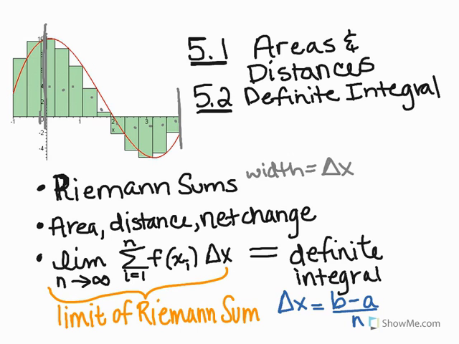We use definite integrals to talk about area under a curve, to talk about distance traveled, and they basically tell us the net change of a quantity over time, especially if we're given the rate of change. So, for example, if we're given a rate of change like dV dt, a rate of change in volume over time, dV dt is a derivative.